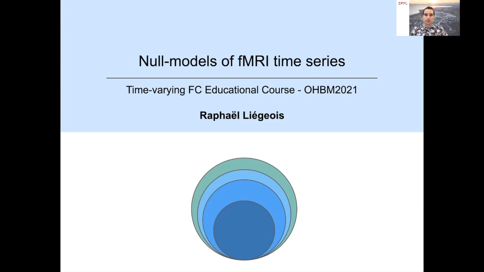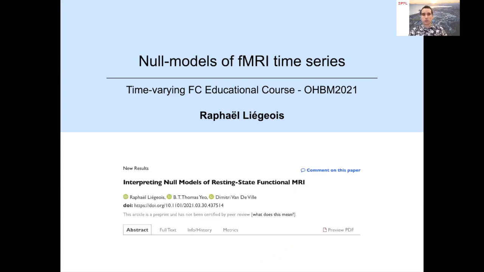So that's why I've designed this talk. Let me just say that it essentially provides the main messages of a paper that we wrote with Thomas Yeo and Dimitri Van De Ville, which has been submitted as a preprint recently and submitted for publication. So maybe by the time you hear this, it has been published, hopefully.